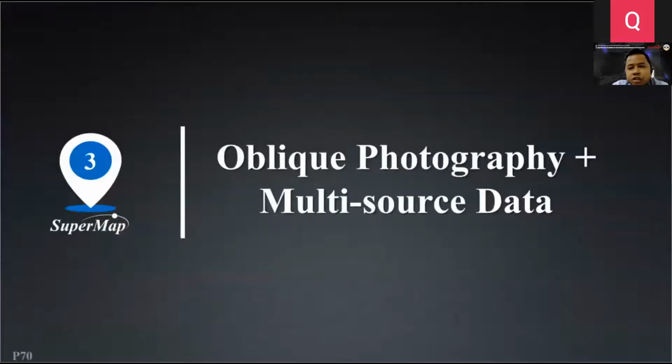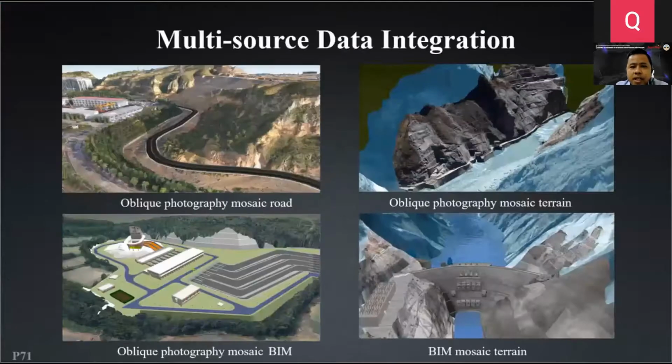After understanding the concept of how Oblique data will be displayed and processed on the SuperMap platform, now let's discuss what it will look like when integrated with other data. Basically, this Oblique data is useful for displaying real world conditions in a more realistic way, including storing elevation information, so that terrain can be seen from one point to another.